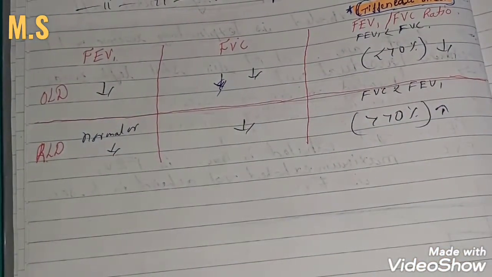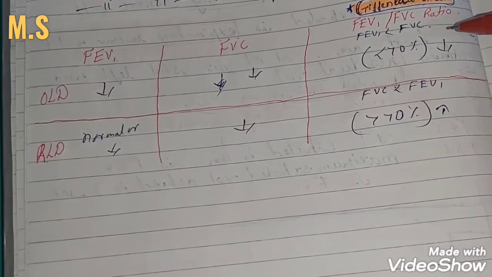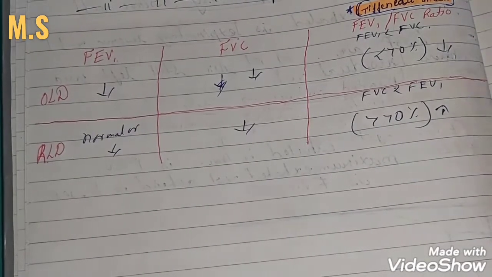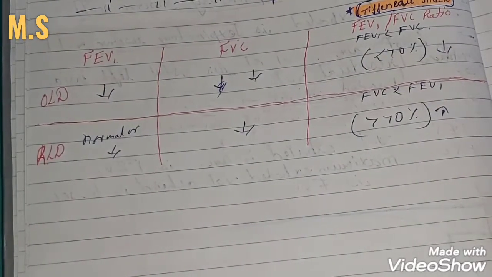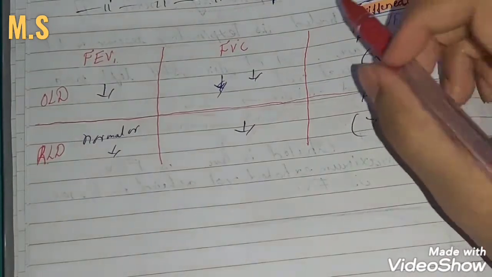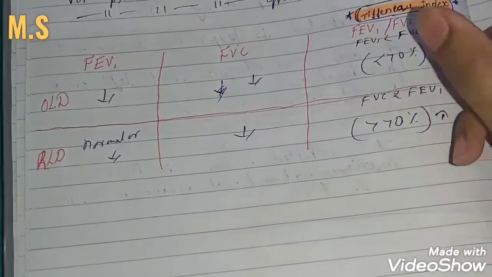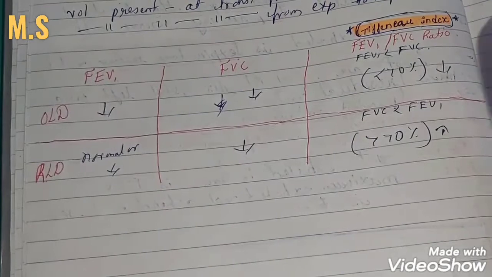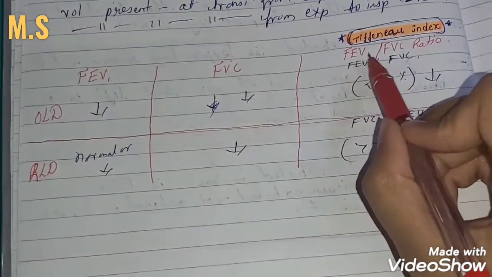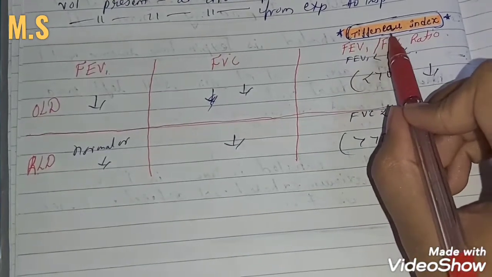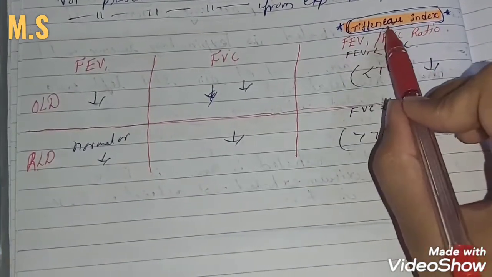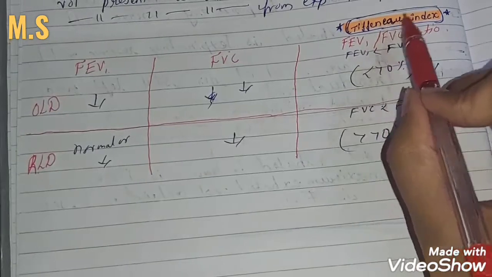But while we will be doing videos for asthma and COPD, at that time I will clarify this more specifically, because you differentiate based on this, and also many more criteria are there. So just remember that the FEV1 and FVC ratio is also known as the Tiffeneau index.